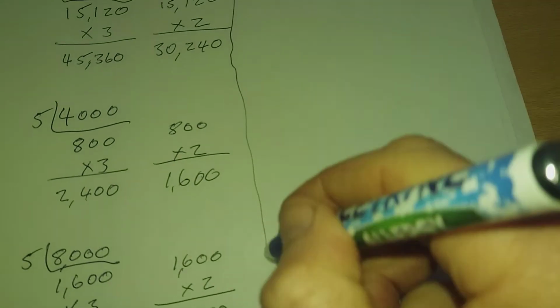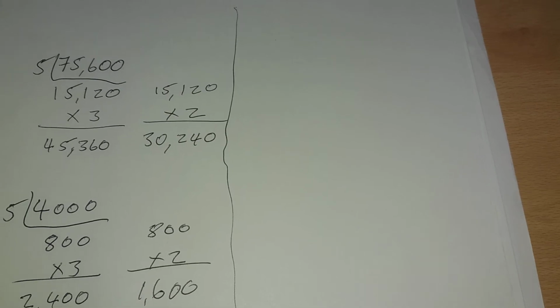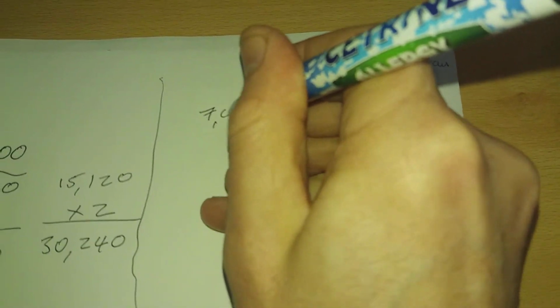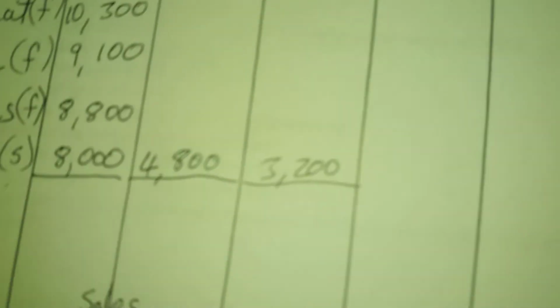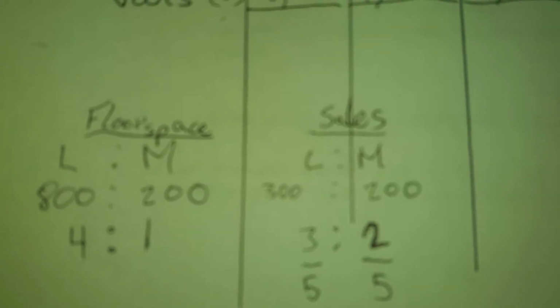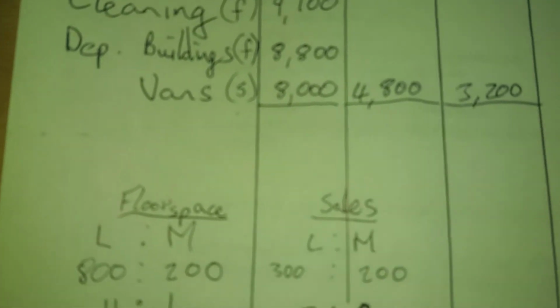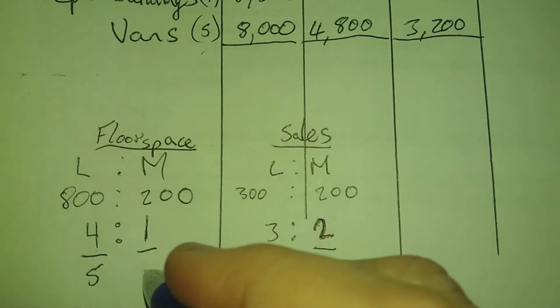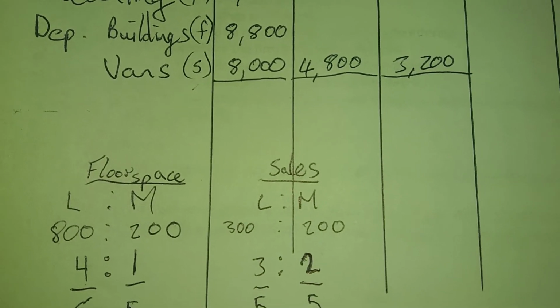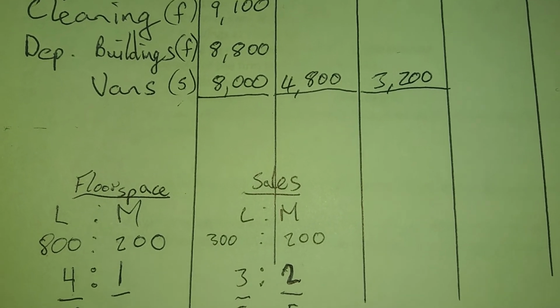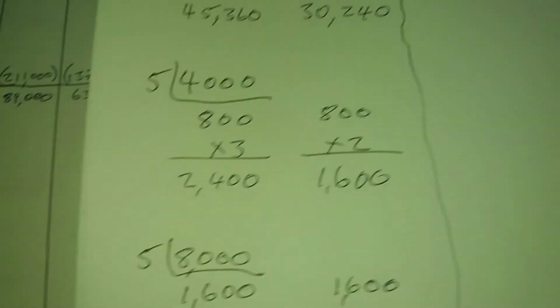Okay, now all the rest of them are divided up on the basis of floor space. So I'm just going to draw a line down here, and we'll look at the very first one, which is insurance, 7,000. So over here, 7,000 is what we're starting with. Again, if we look at the floor space ratio, it's 4:1. So if we take that as 4/5 and 1/5, that's all together. We're going to divide by 5 and multiply by 4 for the ladies' wear, divide by 5, multiply by 1 to get the menswear.